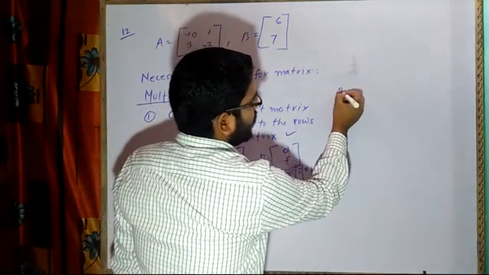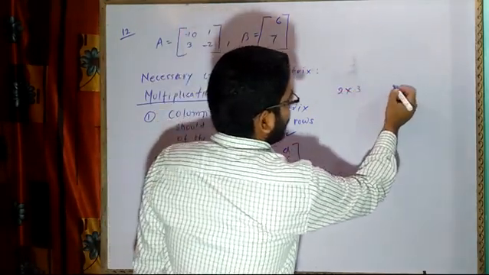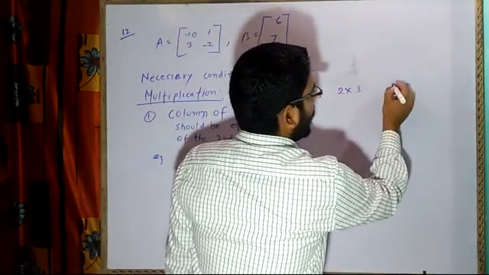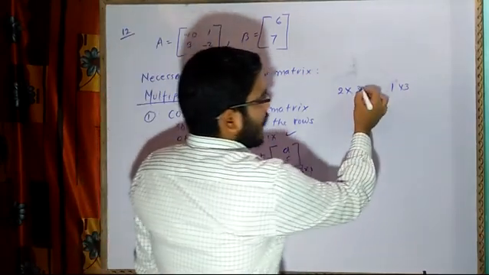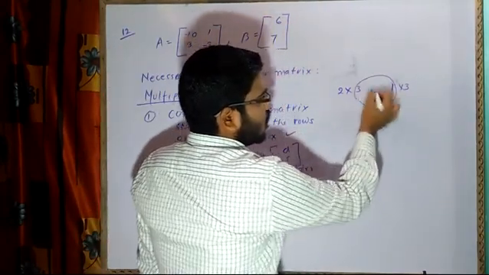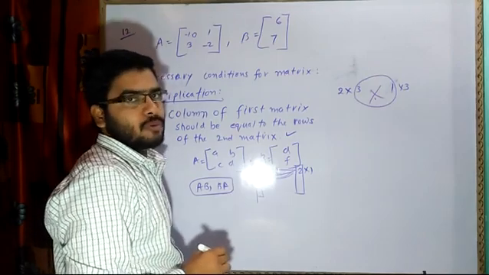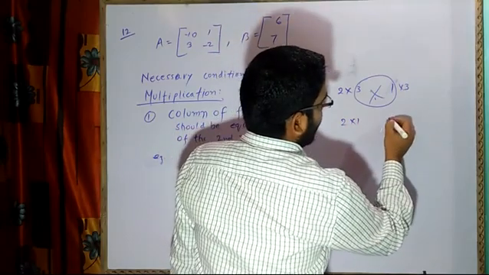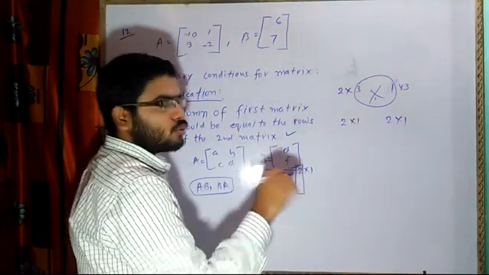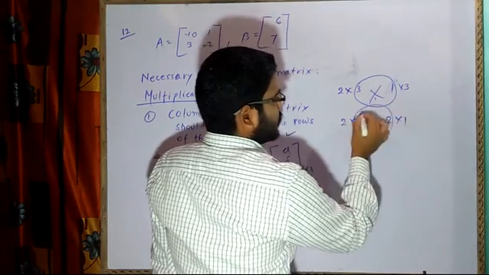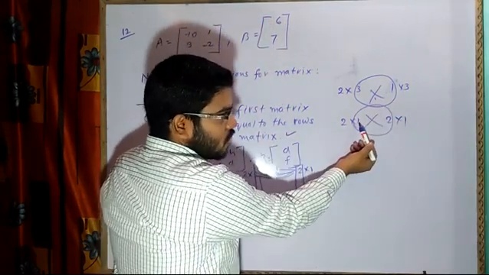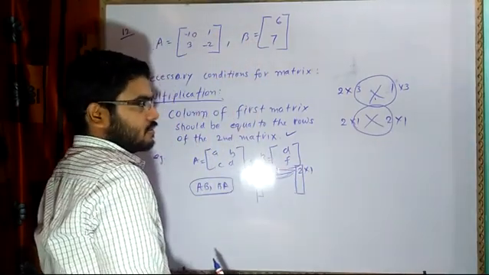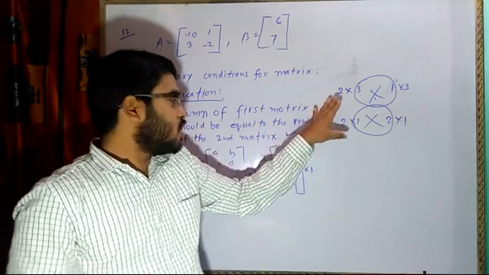Suppose I have a matrix of 2 cross 3 and another matrix of 5 cross 3, or say 1 cross 3, then matrix multiplication is not possible. Now if I have 2 cross 1 and here I have 2 cross 1, both the matrices, then again matrix multiplication is not possible because the column of the first matrix is not equal to the row of the second matrix. Okay, this was the case when we were not able to multiply.